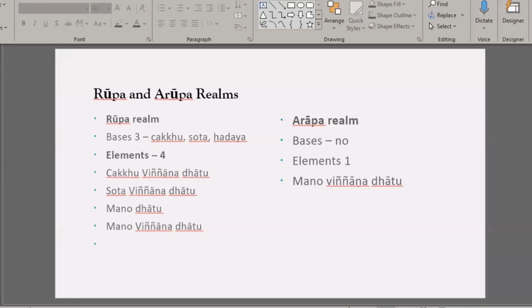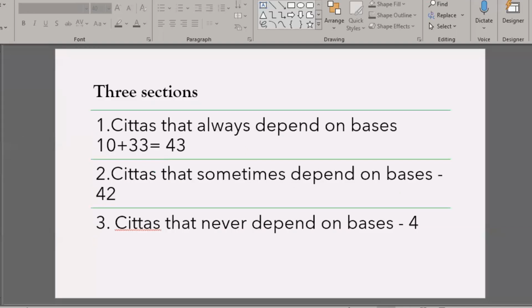Okay. Today we have discussed especially the bases, and those bases or Vatthu related with their realms, in which realms those bases arise.